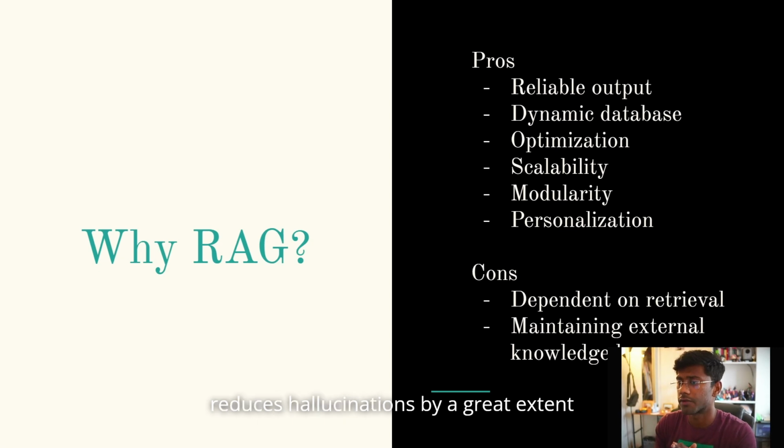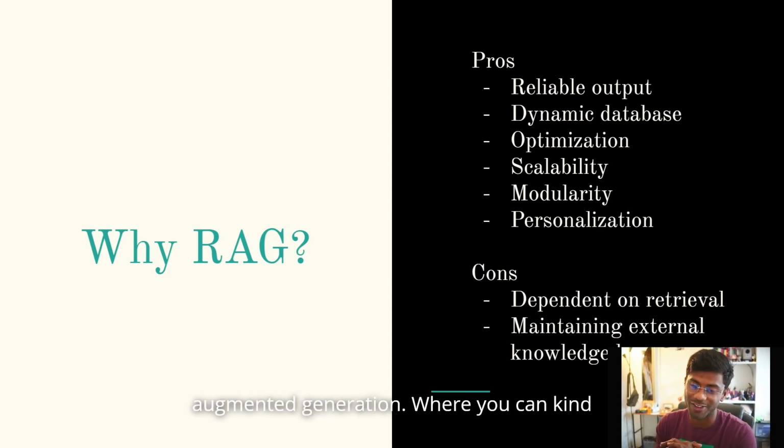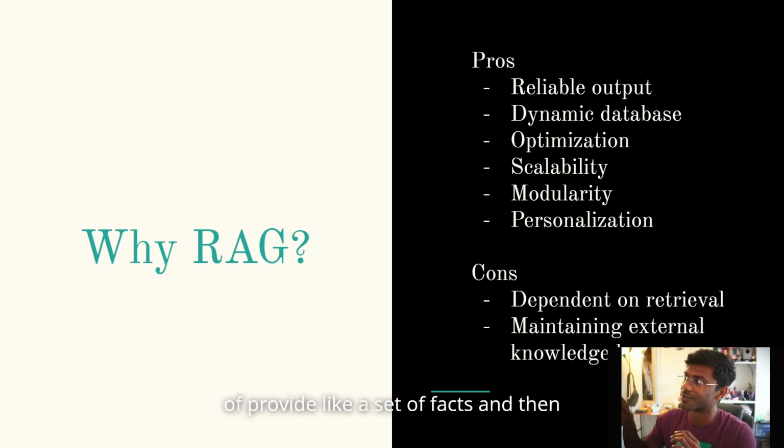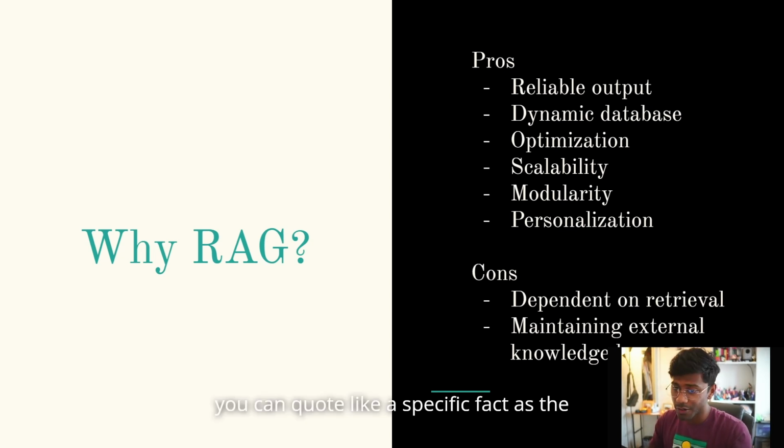So it reduces hallucinations by a great extent, and we can also fact check. There's also a RAG workflow called FCAG, fact checking augmented generation, where you can provide a set of facts, and then you can cite a specific fact as the source for the output from the LLM. So you can mention the sources, where you got the data from, and in turn we have a more reliable output with RAG.